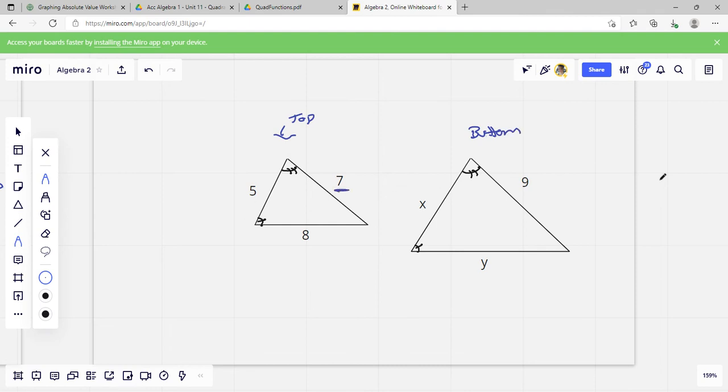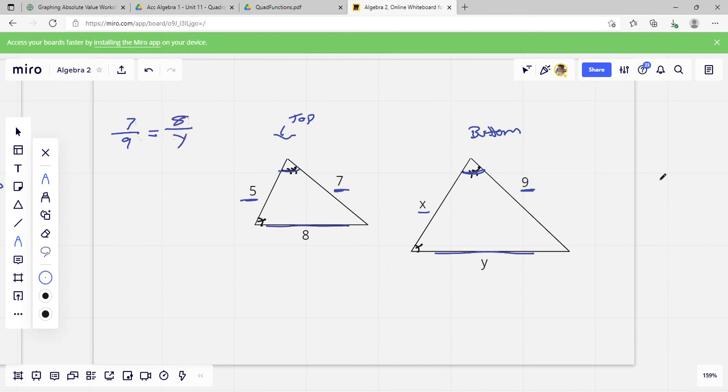7 to 9 is equal to 5 to x. And we know that these are similar to each other because if this angle is the same as this angle, that means that this side is the same as this side. Those are going to be proportional to each other. So we could say 8 to y.